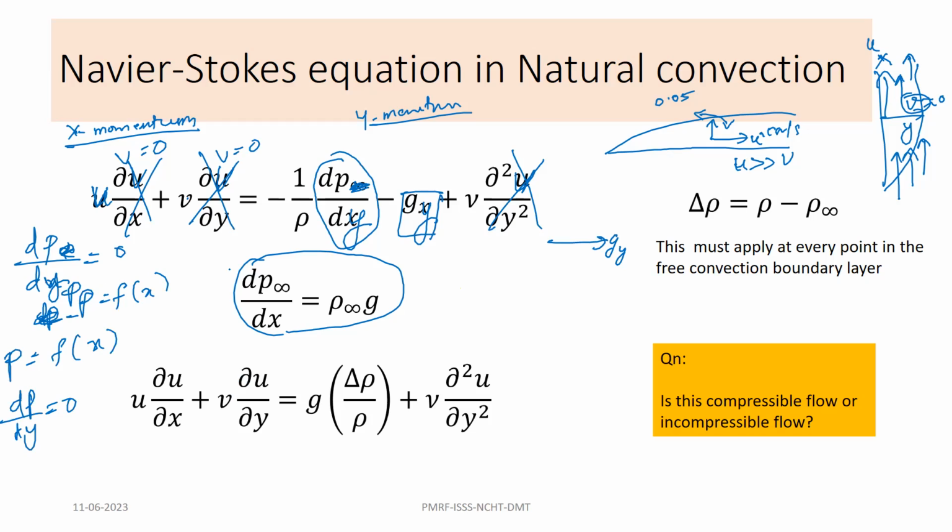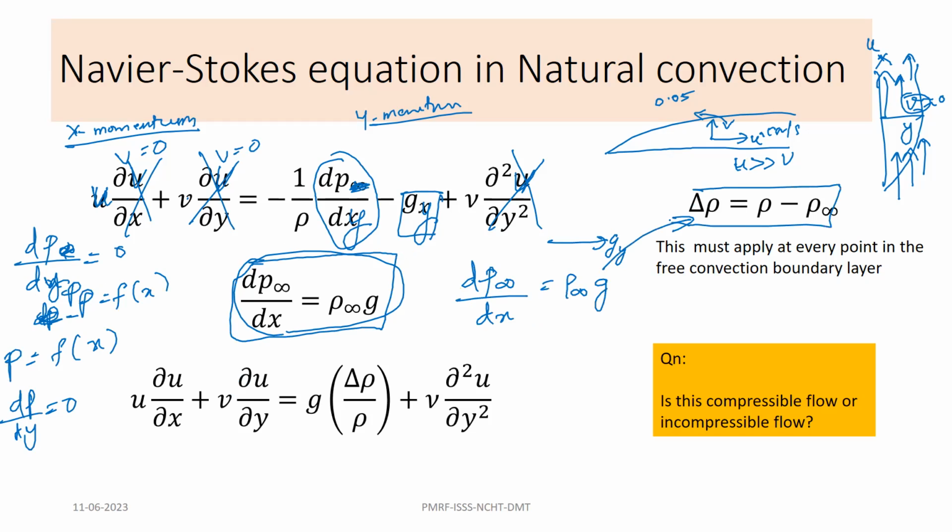So what is happening is the density is actually varying in the X direction and we are substituting it back here. So dP infinity by dx is equal to rho infinity into G. That we have to apply at every point in this direction. So delta rho is rho minus rho infinity.